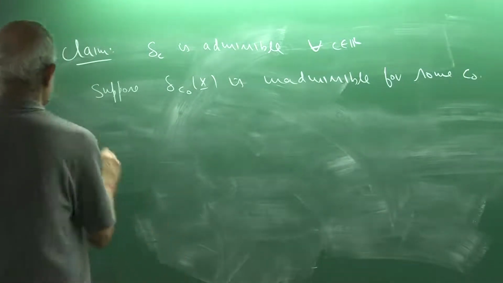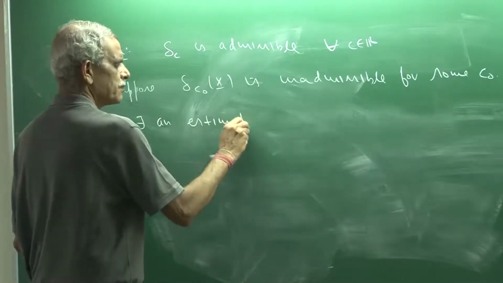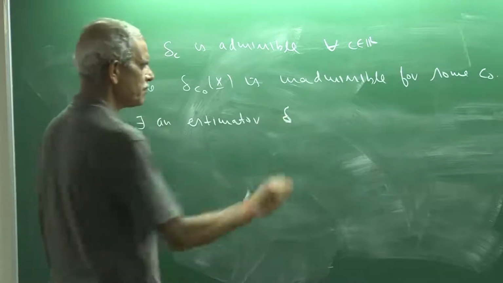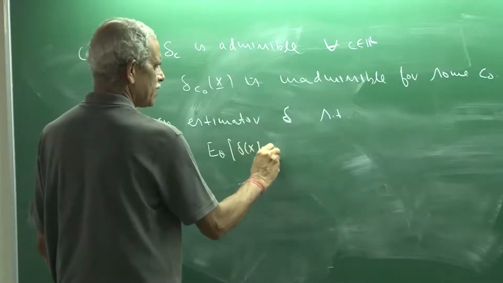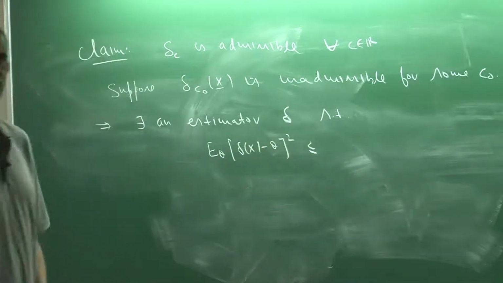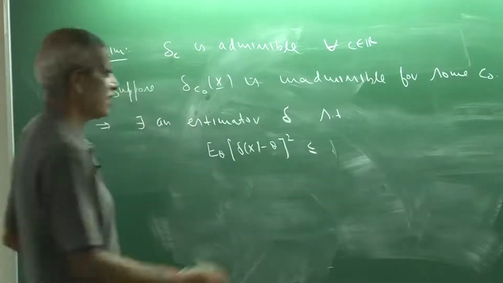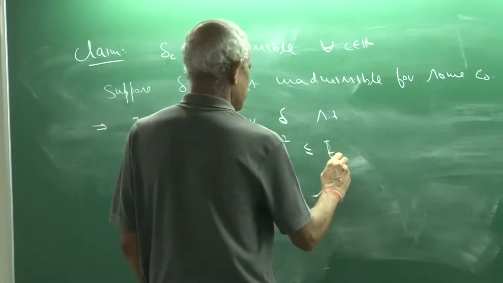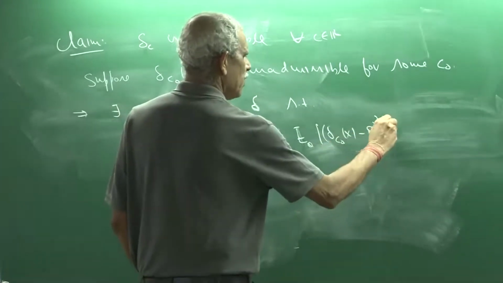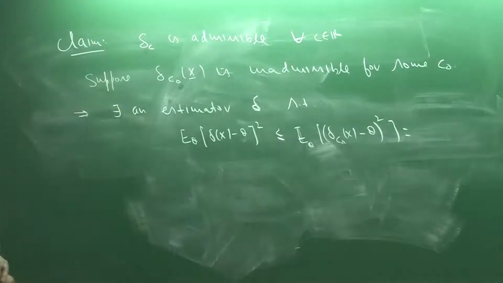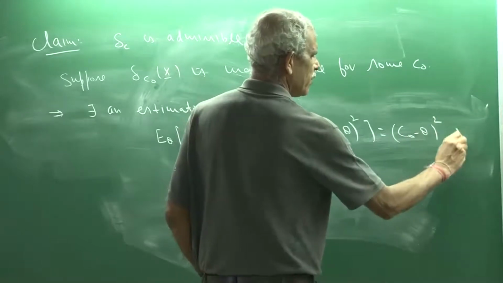So this implies that there exists an estimator delta such that the expected value of (delta(x) minus theta) whole square is less than or equal to the expected value of (delta_c0(x) minus theta) whole square. But delta_c0 is always the constant estimator c0, so this is the same as (c0 minus theta) whole square for every theta belonging to R.